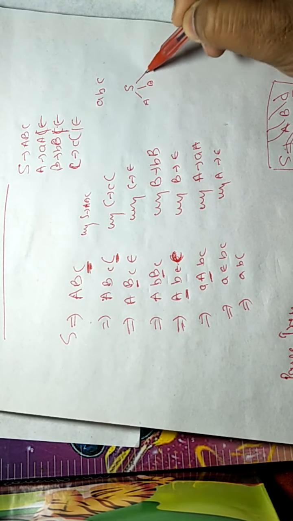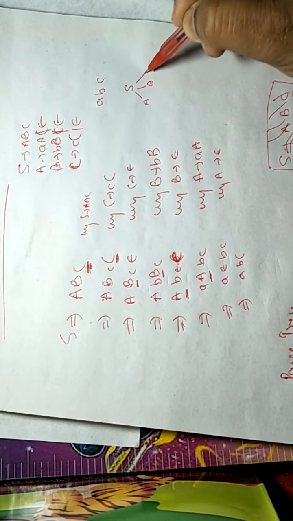The same procedure is applied till we get the terminals at the leaf. We always get a, b, c or epsilon at the leaf node, and at internal nodes you will always see non-terminals. Non-terminals are at internal nodes and terminals are at leaf nodes.